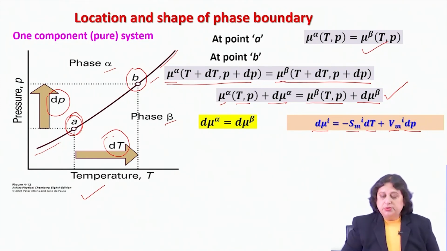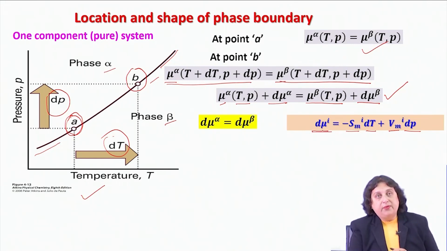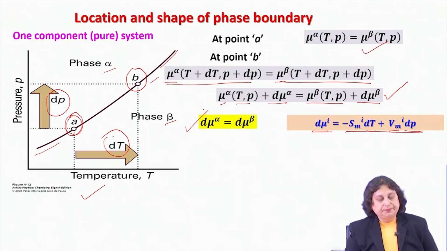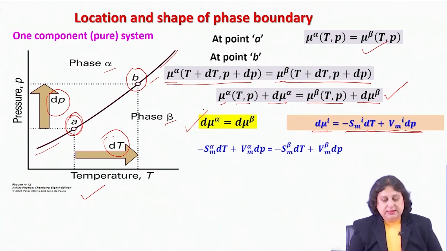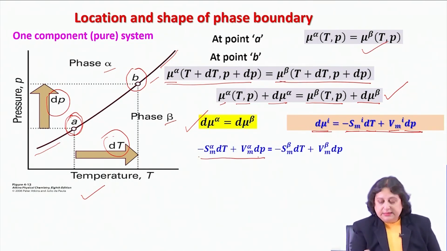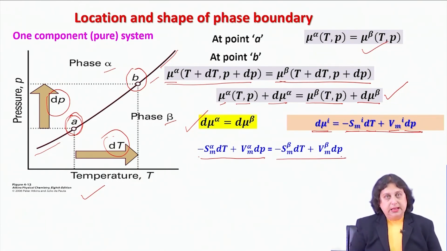So I am going to rewrite each d mu alpha and d mu beta and replace them with this expression on both sides of this equation. When I do that, this is the expression for d mu alpha and this is the expression for d mu beta.